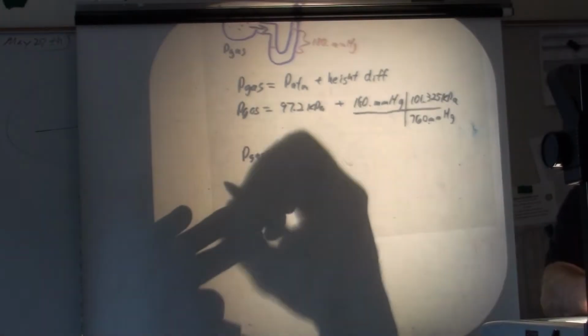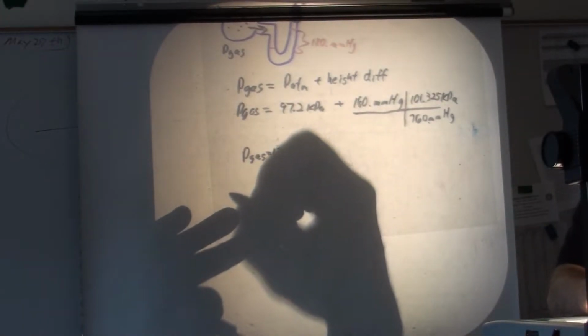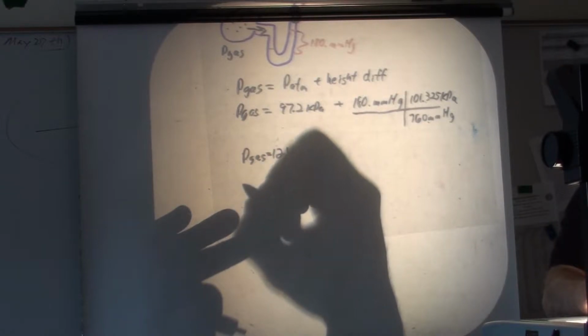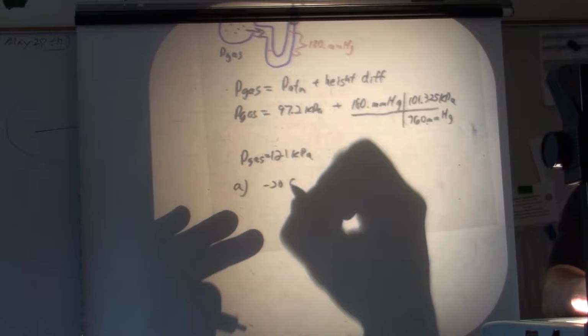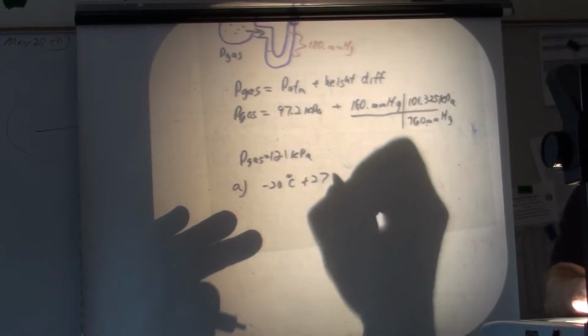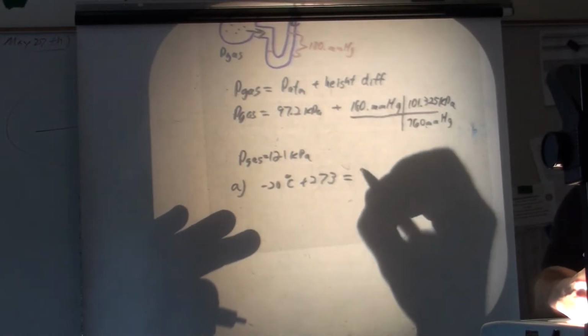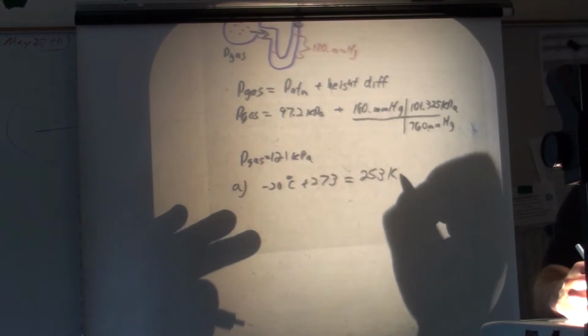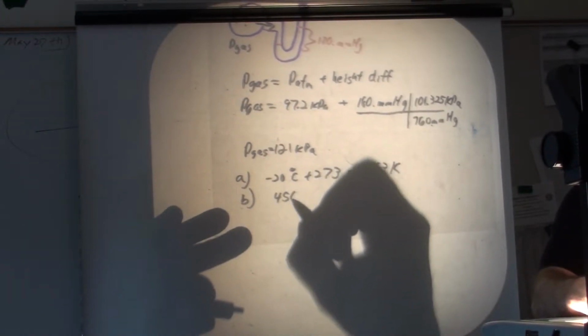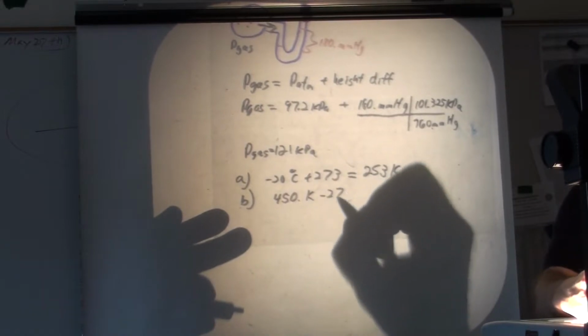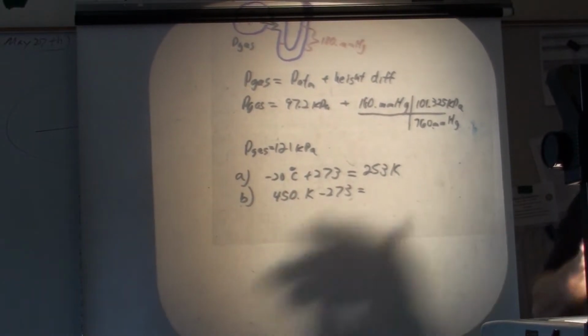The conversions, you guys, I think everybody got these right. All you got to add is, for letter A, negative 20 plus 273 gives me 253 Kelvin. For letter B, we got 450 Kelvin, so I'm going to subtract 273 to get to Celsius.